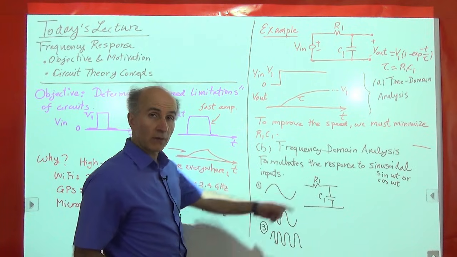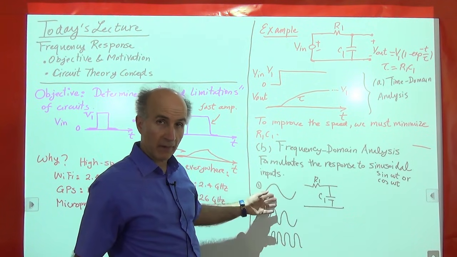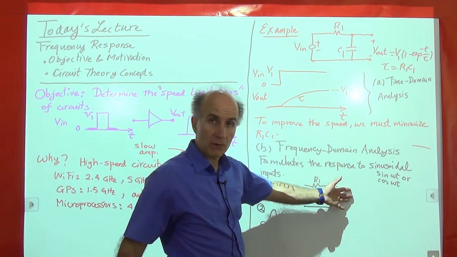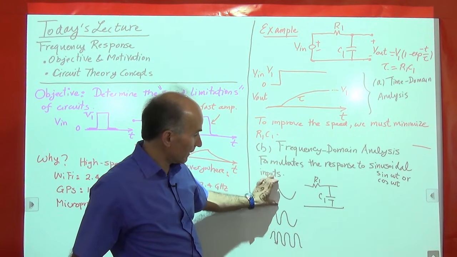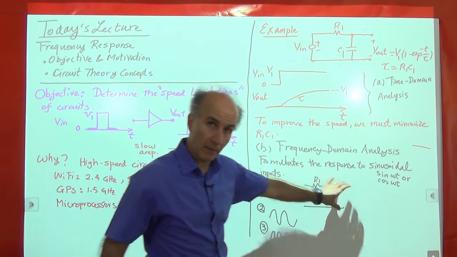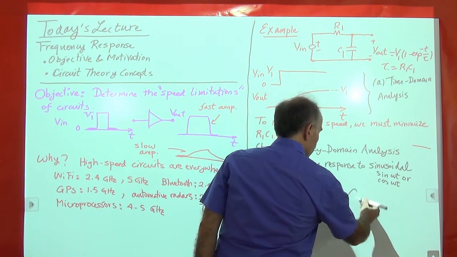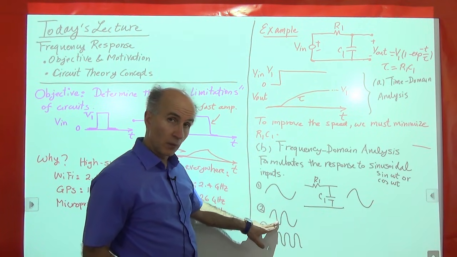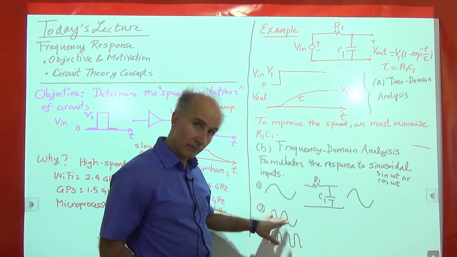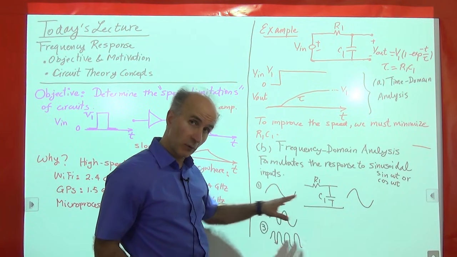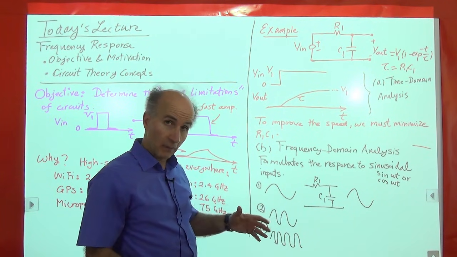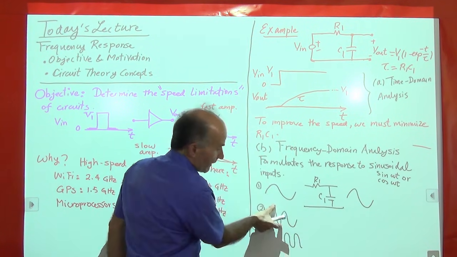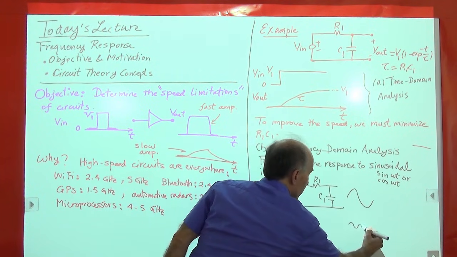And I'm wondering what the circuit does. If I have a sinusoid at this frequency, well, maybe the output sinusoid has about the same amplitude as the input. So this swing is the same as that. So maybe the output has this. But how about here? This is a higher frequency. Will the output still track this, follow this faithfully? Will the output be similar to this? Well, maybe not. Maybe the output will be attenuated. So maybe instead of getting all of this amplitude, we'll have a smaller amplitude.